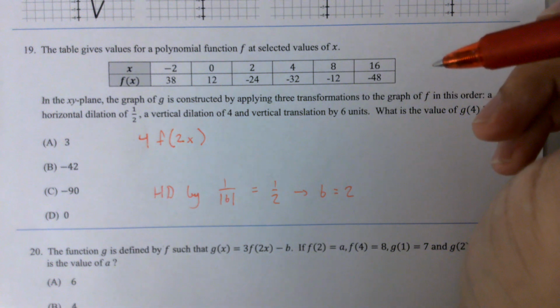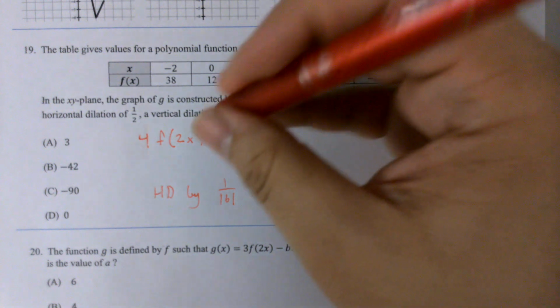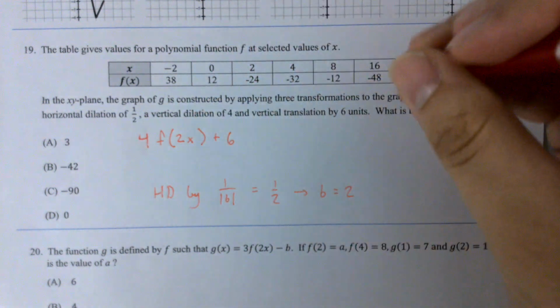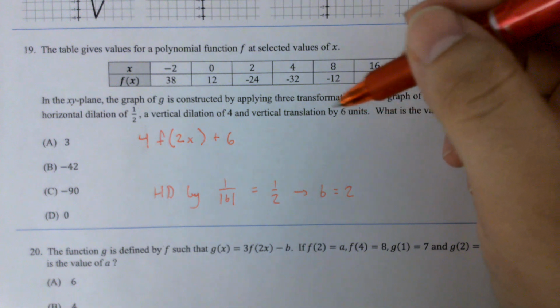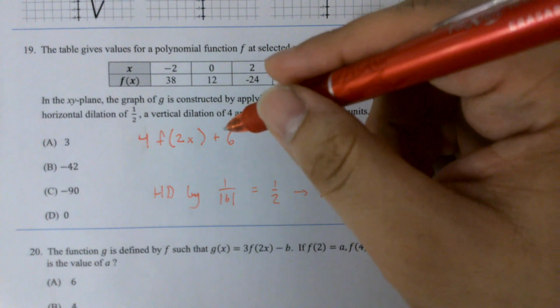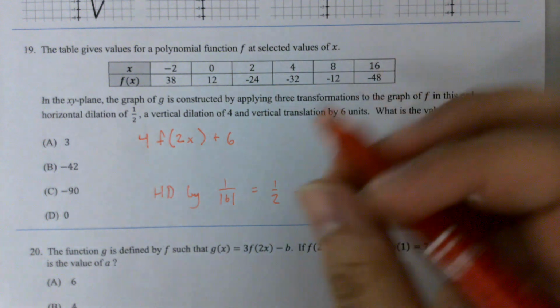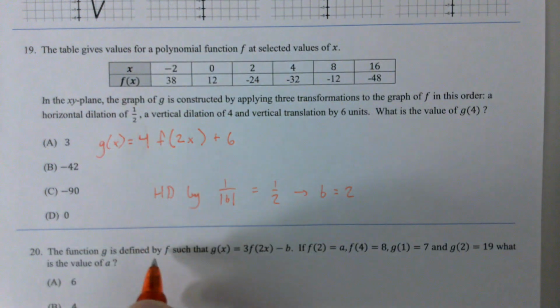So when they do by 6 units, that's going to mean by +6. So they're not indicating up or down. However, if it was by -6 units, that would be down because it would be -6. But we now know that g of x is given by this.